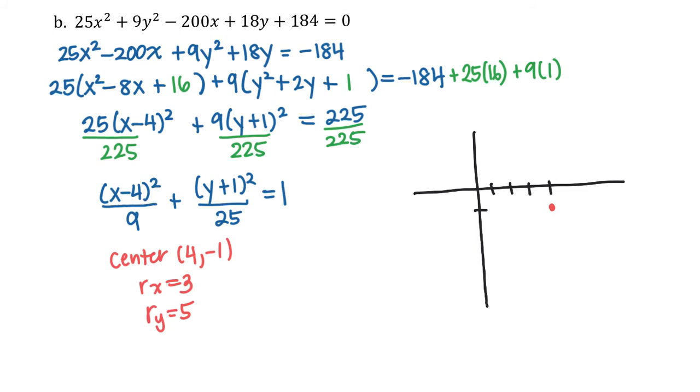Okay, what is my x radius? 3, so I'm going to make this go 3. Y radius is 5. Y is 1, 2, 3, 4, 5. Okay, this is a good, decent sketch of my ellipse.